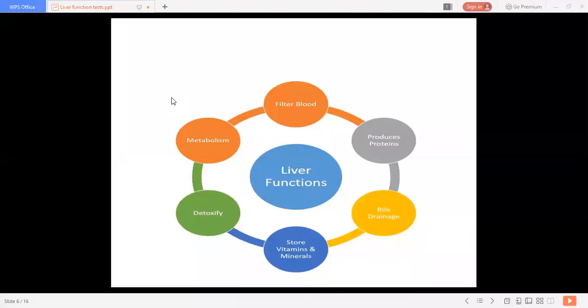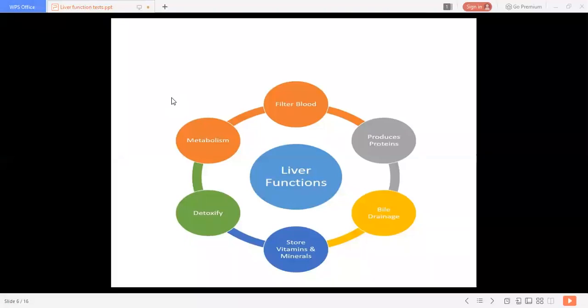And alpha 1 and alpha 2 globulins are associated with clotting factors present in the serum or in the blood. So the levels of these four globulins should be maintained for normal metabolism: gamma globulin for the immunological system, beta globulin for transport, and alpha 1 and alpha 2 globulins for the clotting factors present in the blood.